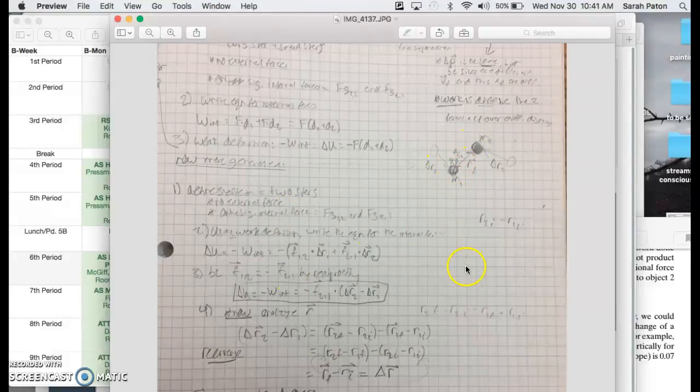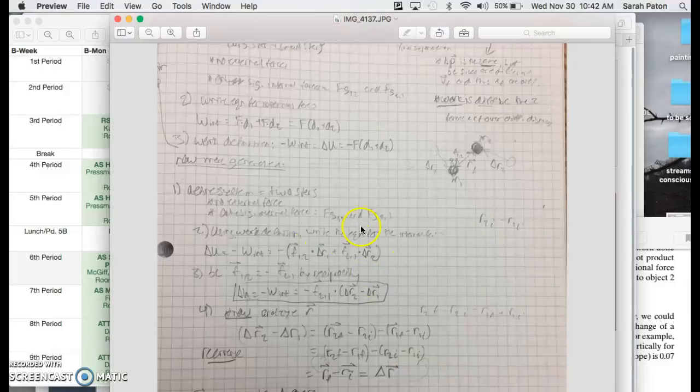Next up, I use the work definition to write the equation for the internal force. So change in internal energy is equal to the negative of the internal work. Next, I simply rearrange this equation until I can integrate it. First, I identify that the force of 1 on 2 is equal to the negative of the force of 2 on 1 by the principle of reciprocity.